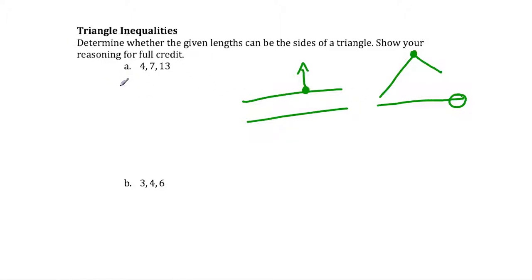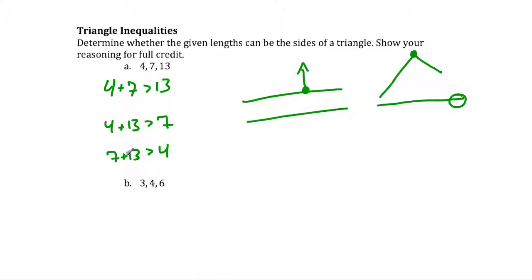The sum of two sides must be greater than the third. So if I look at here, if I have three sides, it must be true that 4 plus 7 is greater than 13, but also that 4 plus 13 is greater than 7, and that 7 plus 13 is greater than 4. All the different combinations.